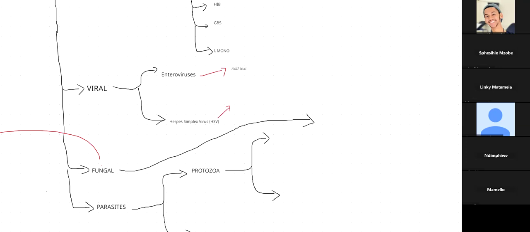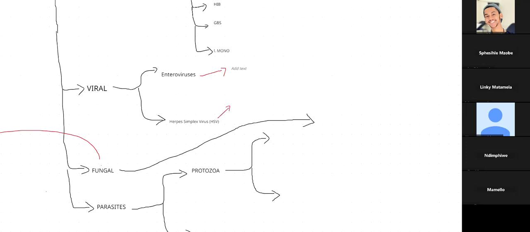So it's very common amongst children, and the transmission is fecal-oral and respiratory droplets. So that's in terms of the transmission.